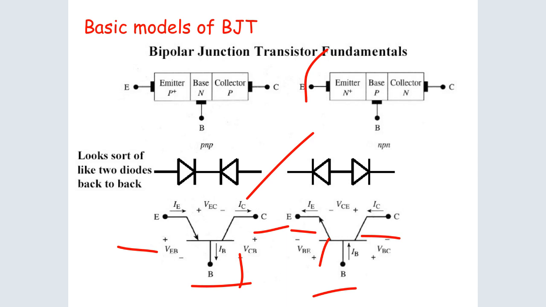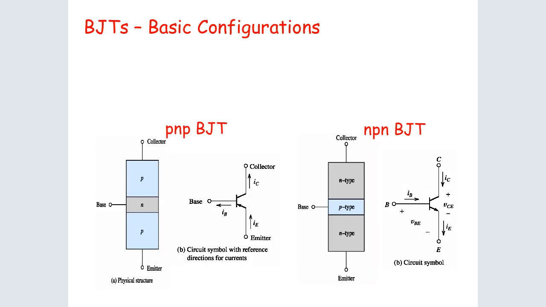Not too little, not too much, just in between the two. Those are the construction parameters that you would look at if you have to construct a transistor in the form of a BJT.